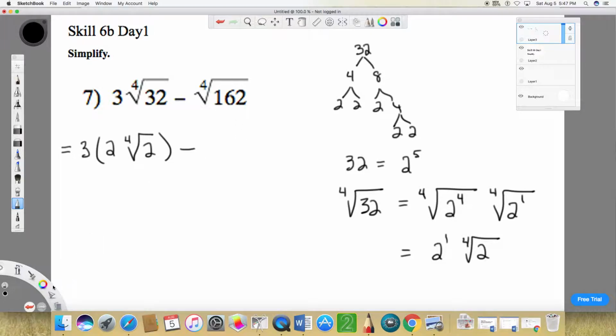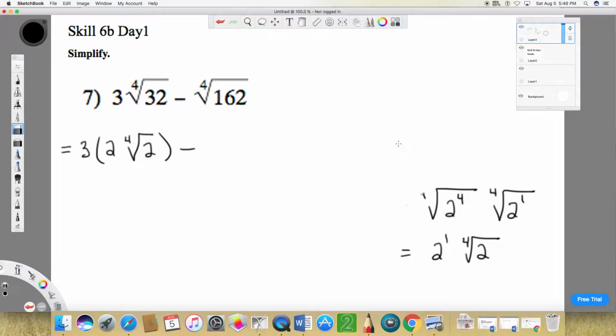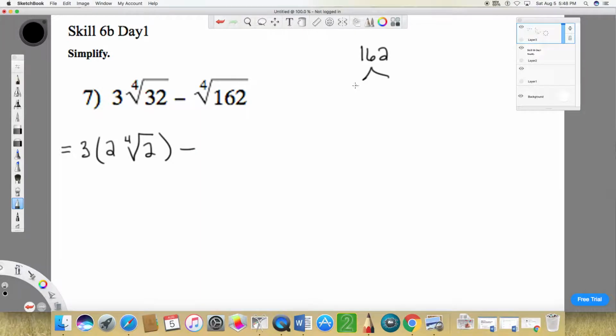Now, let's break down 162. It breaks down to 2 times 81, I believe. 81 breaks down to 9 times 9, and 9 breaks down to 3 times 3. So we have a group of 4 factors right there.